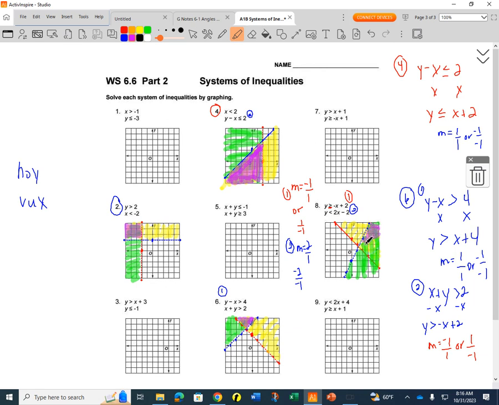Make sure you have your notes out when you're working on these by yourself. You should have your notes from yesterday out. And I will go ahead and pop those up here so you can see them in case you can't find yours.